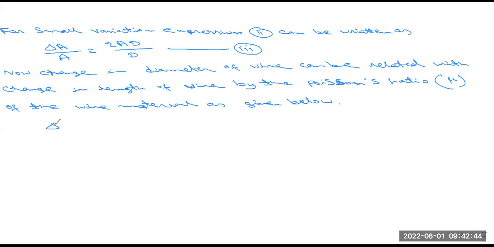So this is the expression: delta D by D is equal to minus mu into del L by L. This is another equation, equation 4. Here mu is basically the Poisson's ratio. So what is Poisson's ratio? I will give the description.